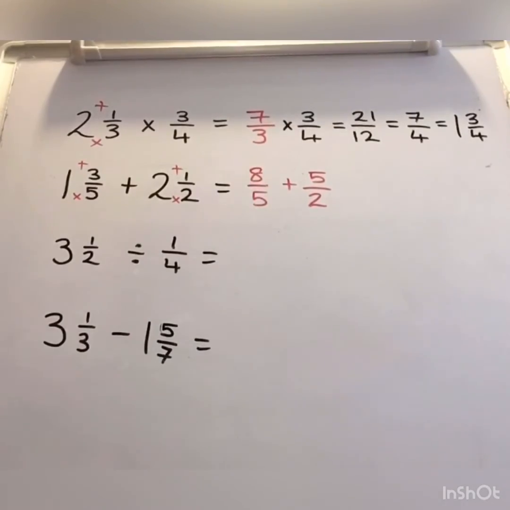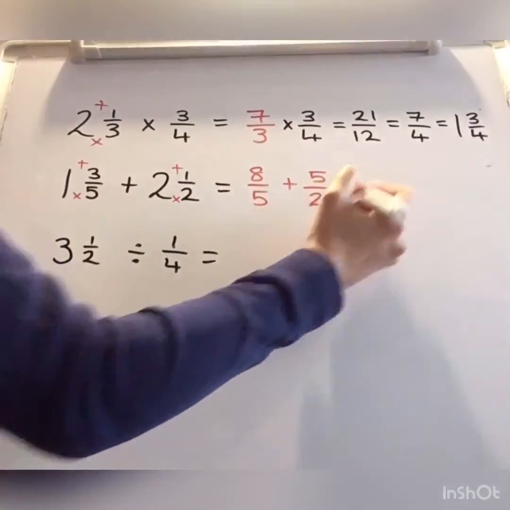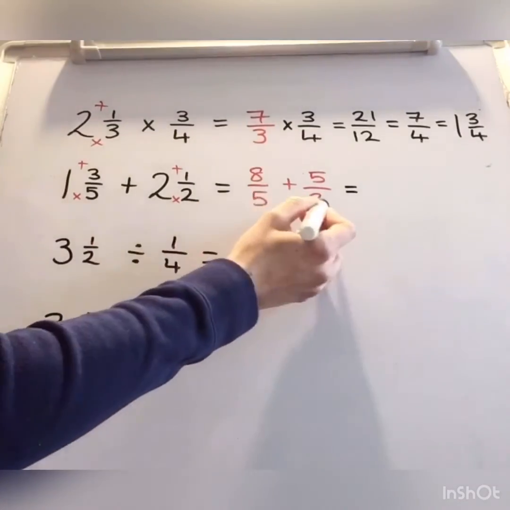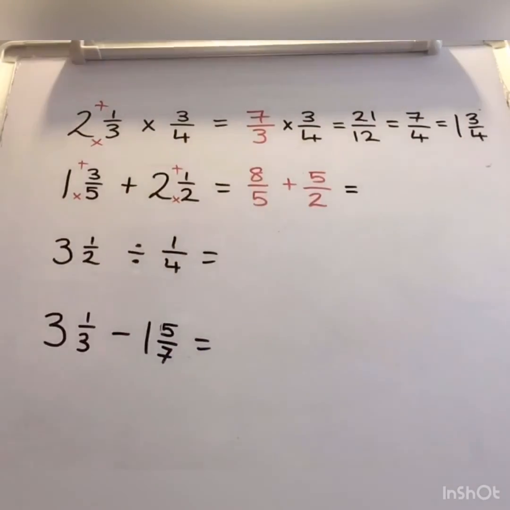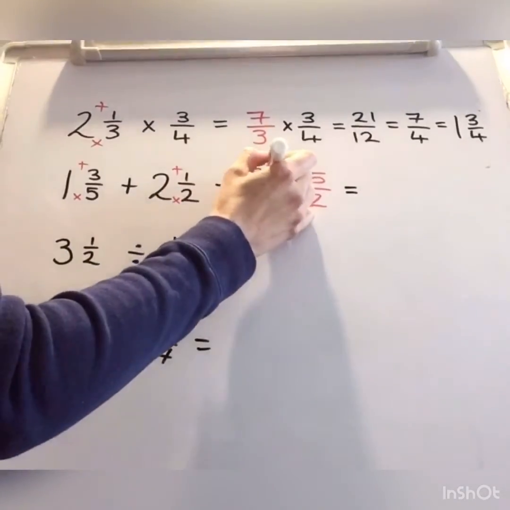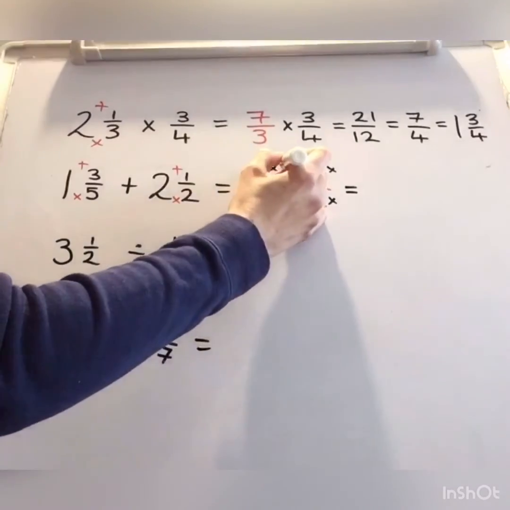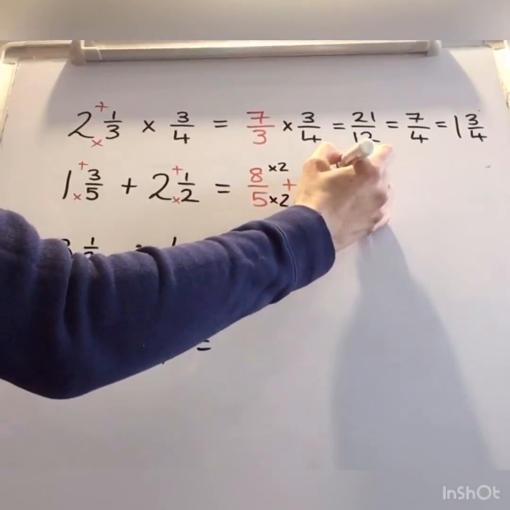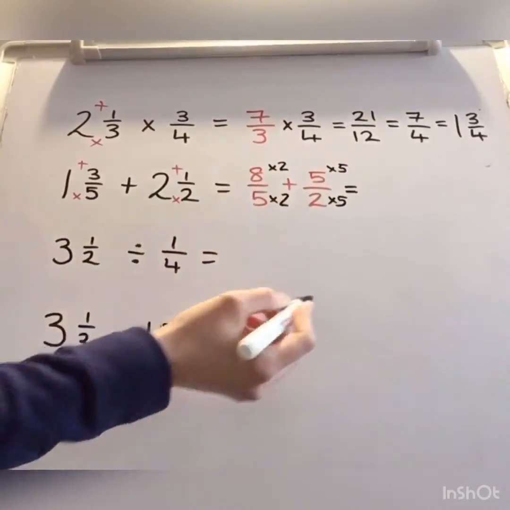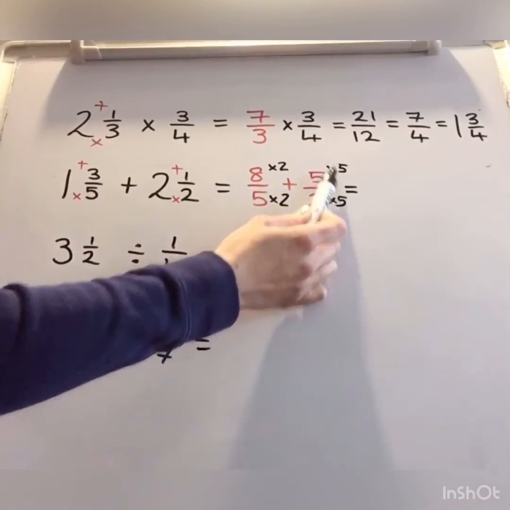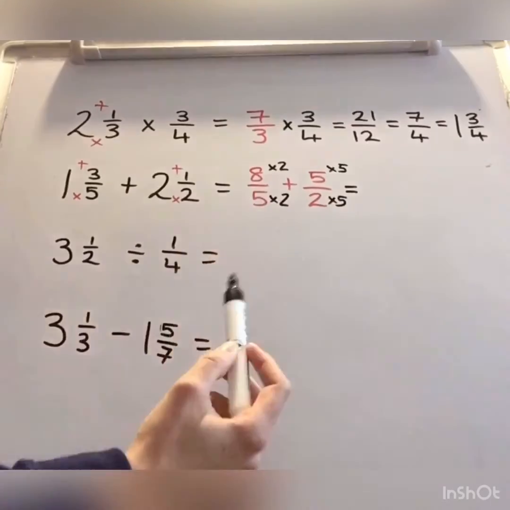Now again, we know from the previous parts of this lesson that when we add and subtract fractions, we need the same denominator. So I can't multiply the 2 by anything to make the 5, so I'm going to have to change both of these fractions. I'll multiply my first fraction by 2 and my second fraction by 5. Remember, we multiply the first fraction by the second denominator and the second fraction by the first denominator.